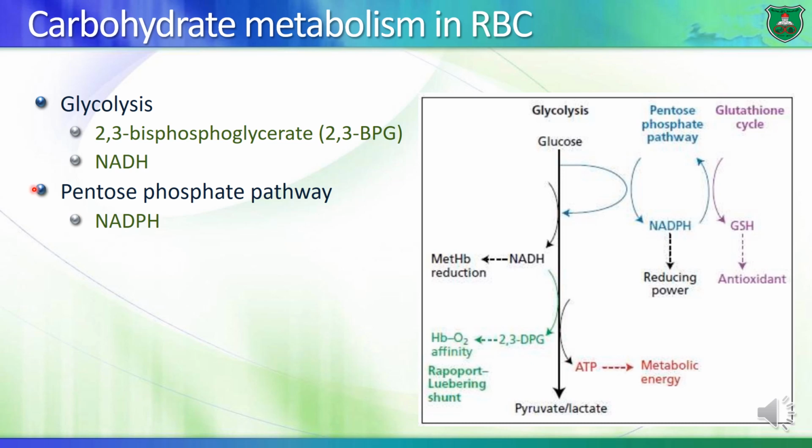Each one of them has a purpose. The purpose of glycolysis is to produce 2,3-bisphosphoglycerate and to produce NADH as well as ATP, by the way. The main purpose of the second pathway, the pentose phosphate pathway, is to produce NADPH.